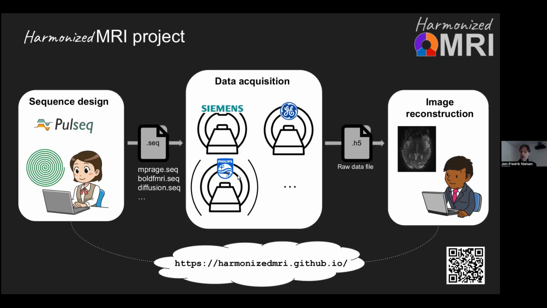A Philips interpreter is in the works, and I'll talk a bit about that in a minute. Then you take the raw data file in whatever format you choose. We also provide tools for converting the vendor data to, for now, our own little custom H5 format, but that's something we can easily modify. And then image reconstruction. So that's the basic workflow that works for any pulse sequence in any application.